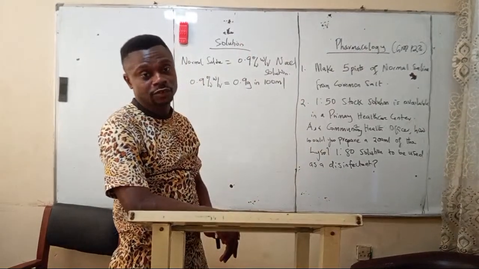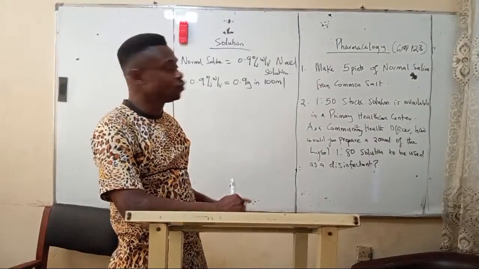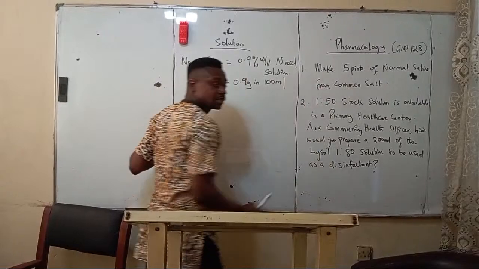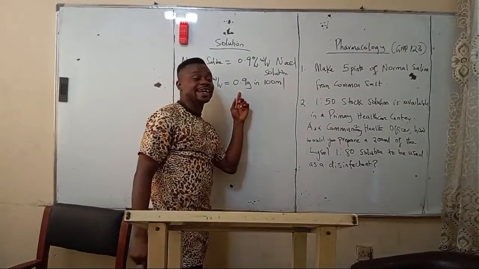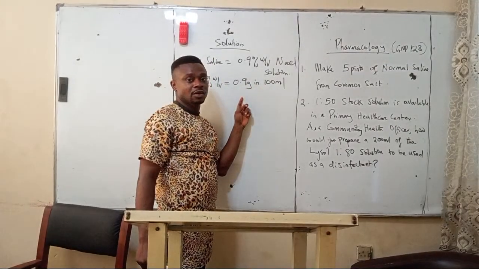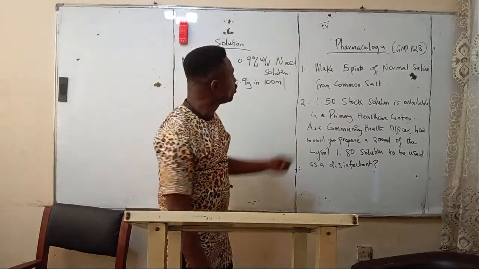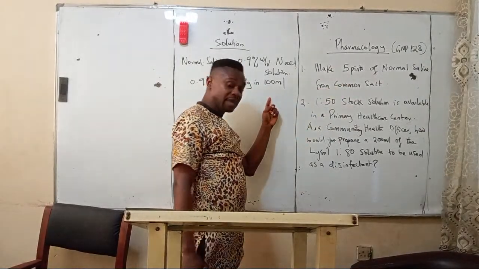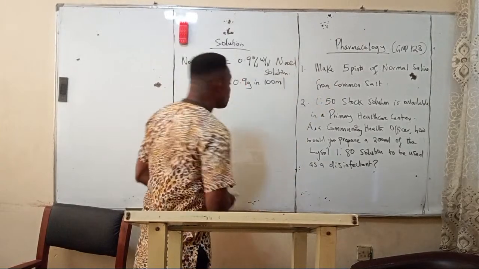So there will be an inter-system conversion. If 0.9 gram is in 100 ml, how many grams will be in 5 pints? For us to do this calculation, we need to move 5 pints to ml, or move 100 ml to pints.